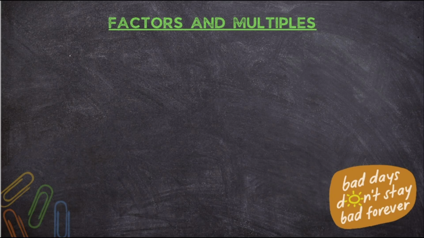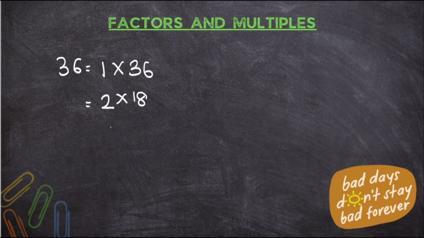Now I'll take one little bigger number so that it will be perfectly easy for you to understand this. 36. It goes in table 1, which is 1 into 36. Okay. Now think of 2. Yes, it goes. What is it? 2 18's are 36. 3's table? Yes. 3 12's are 36. 4's table? Yes. 4 9's are 36. 5's table?